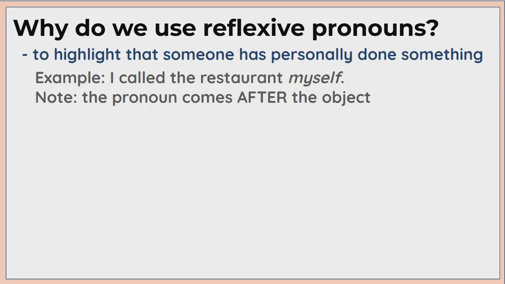What I'm trying to say here is that I personally took care of this, so I know it is done. In this example, myself comes after the object of the sentence. Reflexive pronouns don't always have a specific spot in a sentence. It depends on the context, and on what we're trying to say.